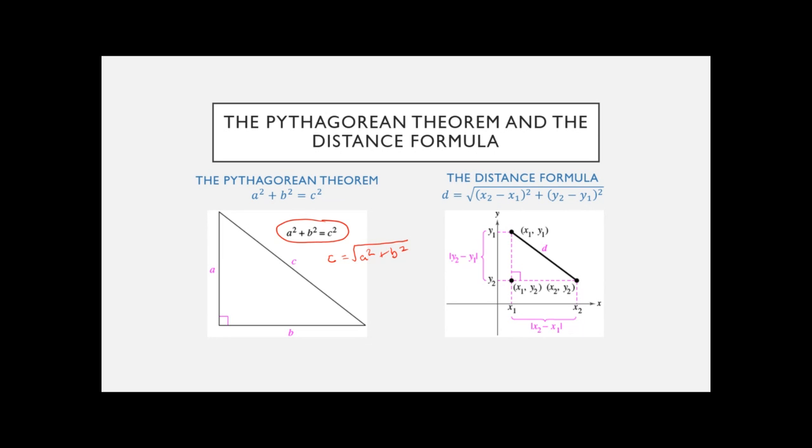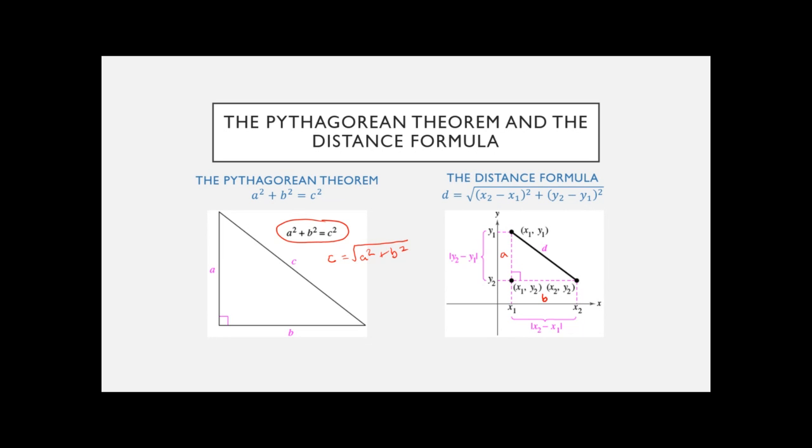Then you can find the distance of each leg, like A and B. Here they have A. If we compared it to the triangle on the left, A would be our vertical. It really doesn't matter the order there. And then you can say that B is your horizontal.